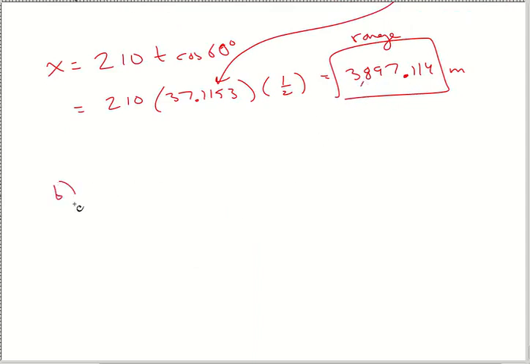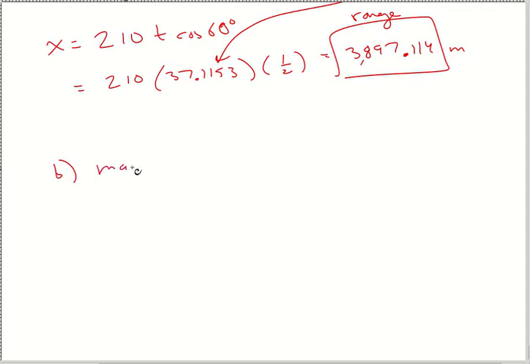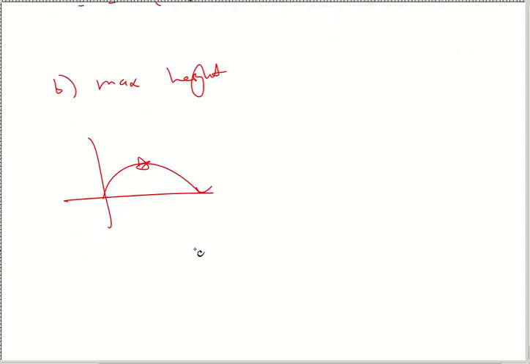Okay, part B, they're now saying what's the max height? Again, what is that? Well, when they're projectiling it, they're saying how high did it ever go? How high was it up in the air? And notice that if this right here was at 37 seconds, where would this guy be? Well, it's at 37 over 2 seconds. It's halfway.